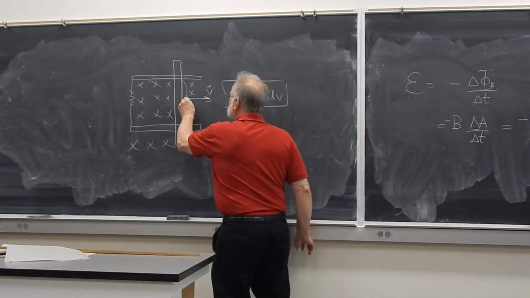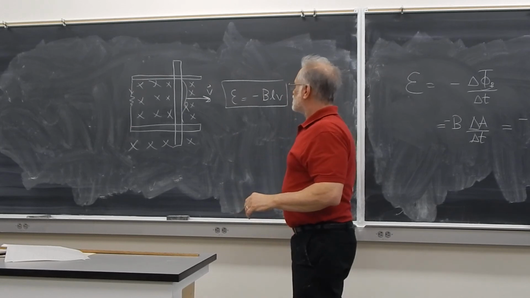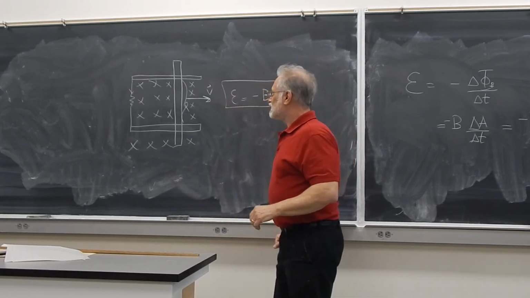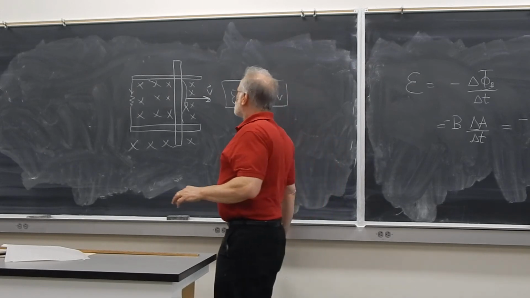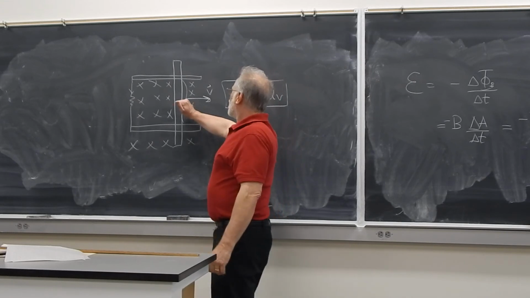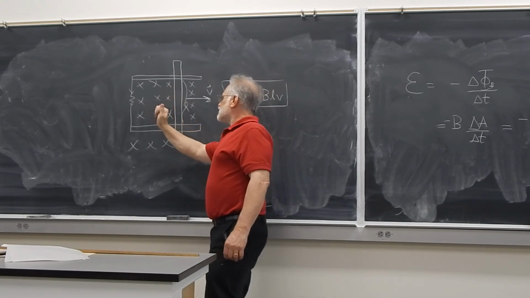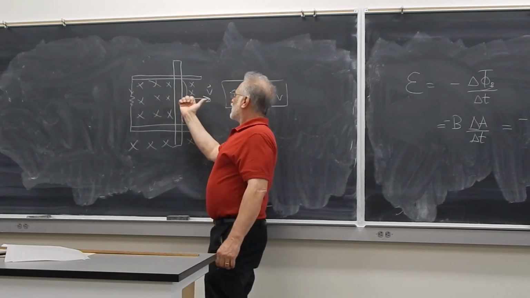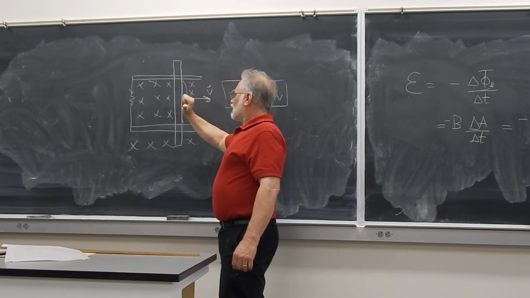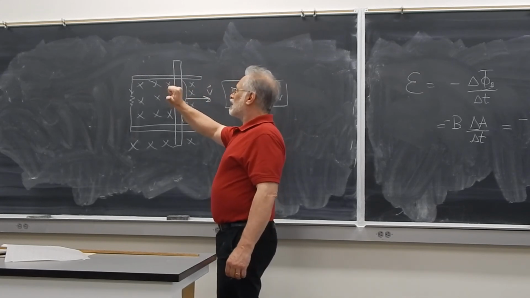If I move this rail to the right, increasing the flux, nature says I don't want an increase in flux. So what it will do is induce a magnetic field that comes out of the board. If the original field is going into the board, by moving this bar to the right, I'm going to induce a magnetic field that comes out of the board.